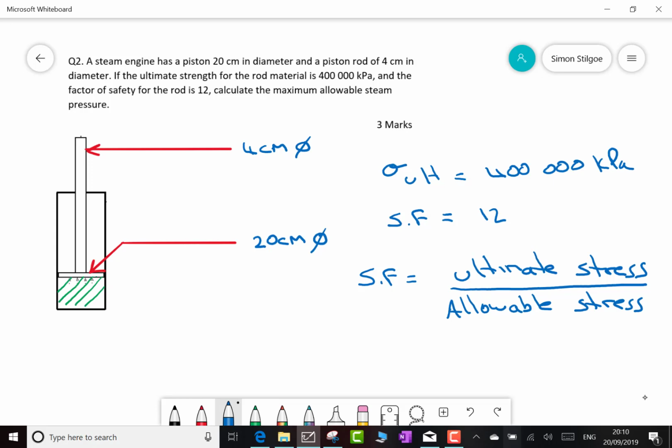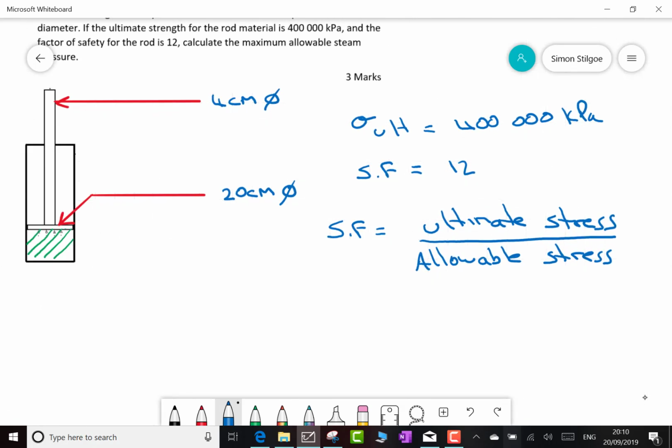In that formula, I've got the safety factor, and I've got the ultimate strength or ultimate stress. So I can rearrange that formula to find the allowable stress, or allowable strength, or the way I'm thinking about it, the working strength or working stress. In other words, the stress that's actually on the rod when this thing is in operation.